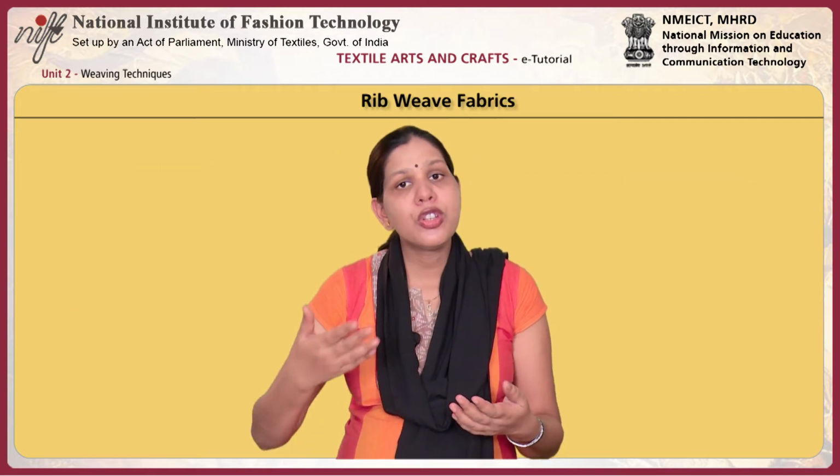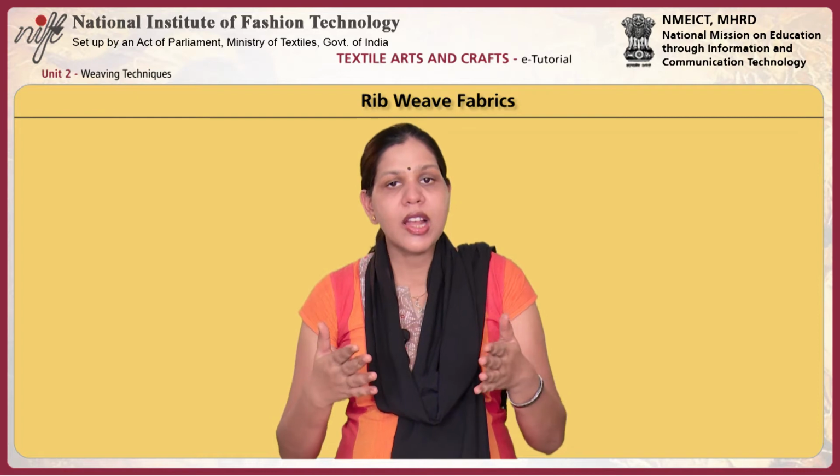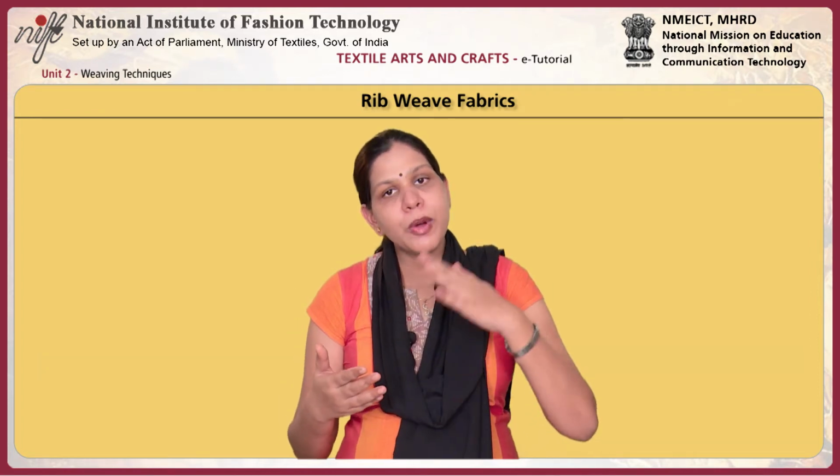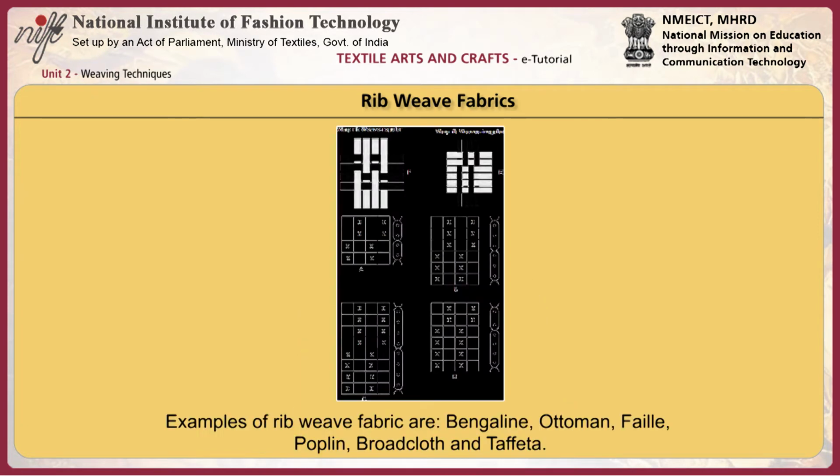Rib effect is produced by using coarser yarns in the filling direction or by more warp than filling yarns per inch. Some examples of rib weave fabric are bengaline, ottoman, faille, poplin, broadcloth, and taffeta.